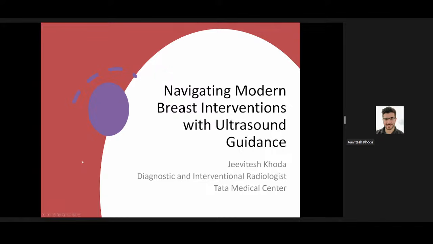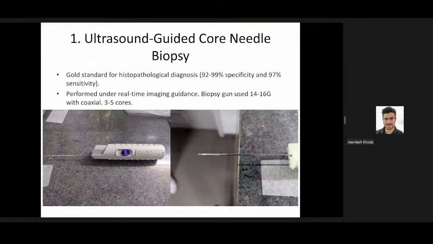So, I'll be discussing the modern breast interventions with ultrasound guidance. My name is Jivitesh Khoda, and I am a diagnostic and interventional radiologist in Tata Medical Center. Most of my work is in interventional radiology, but I'll speak on some of the interventions which we do in breast as well. So the first and foremost thing for which the patients come to the radiology department is the breast biopsy.